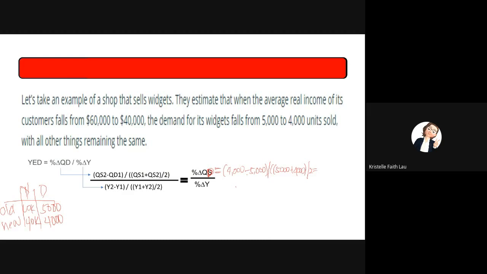So let's solve for this. The answer here is negative 0.22.